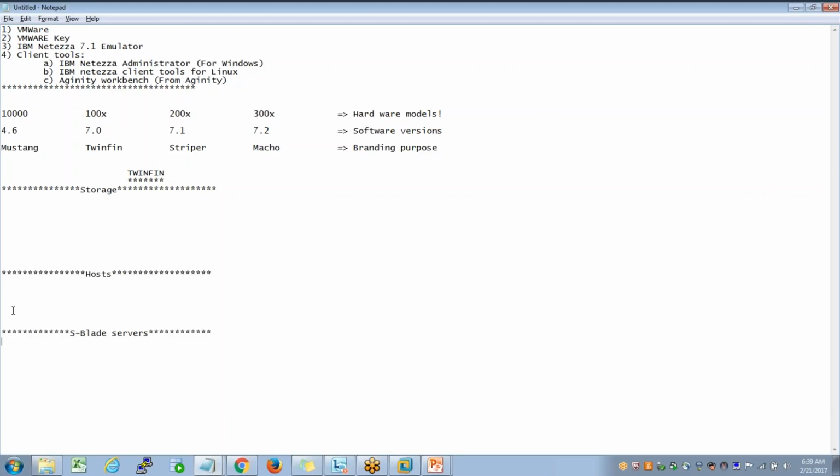What I have on the host is two hosts. Irrespective of whether I am using a TwinFin, a Striper or a Mako, I have two hosts. One active, another one passive. These are Red Hat Enterprise Linux hosts, which provide high availability.